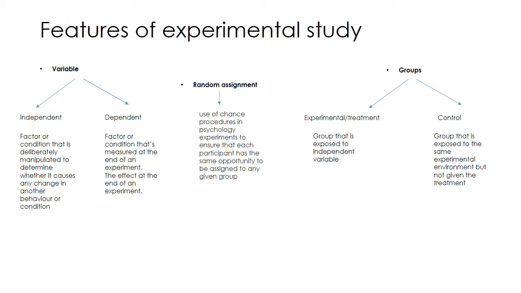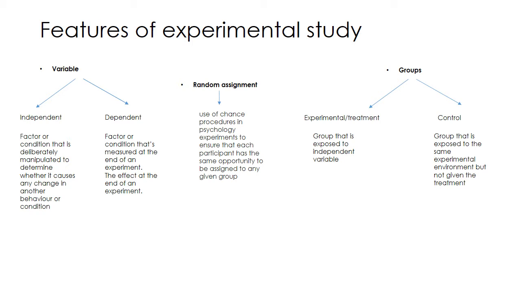Okay, the second one is random assignment. So in an experimental study, we will give our participants equal chances to be in a treatment group or the group without treatment, or we have equal opportunity to be assigned to any group. So it's not necessarily always treatment and control, but this is a very, very basic example of groups that you can assign people into.